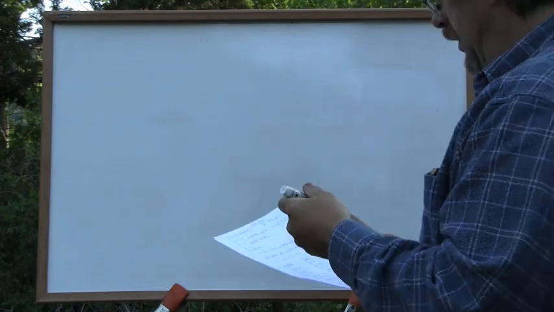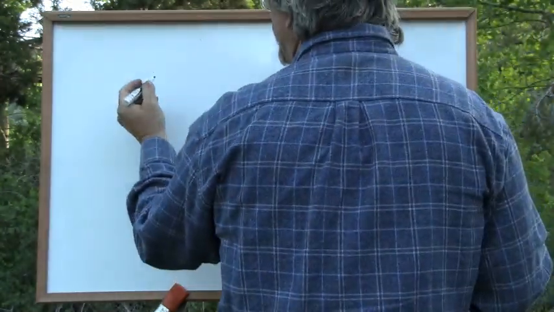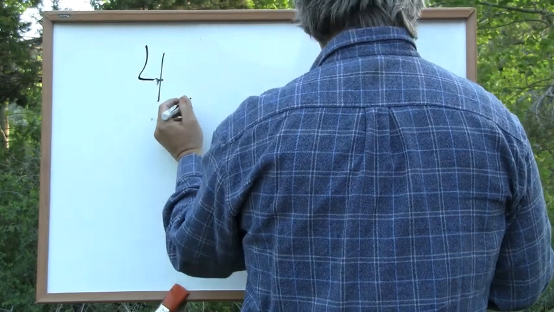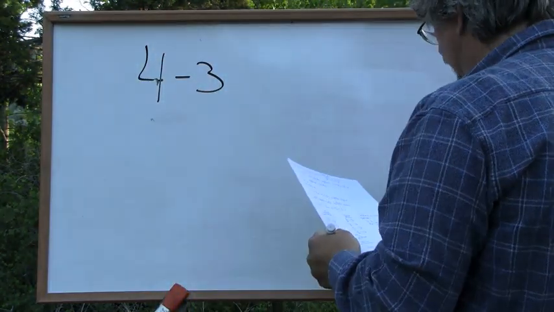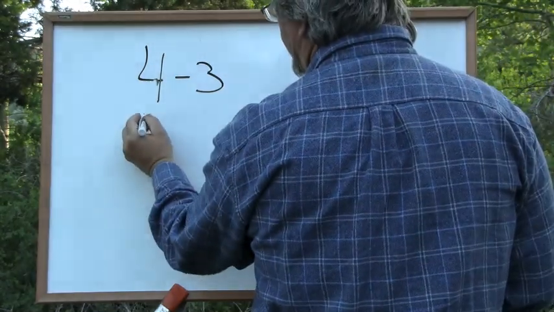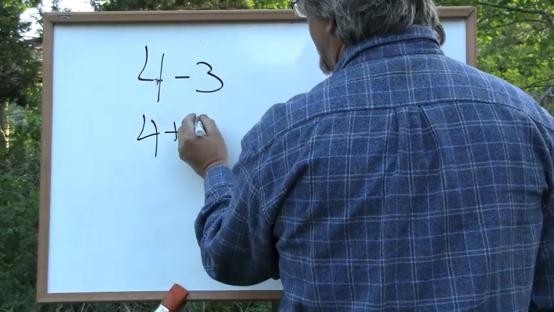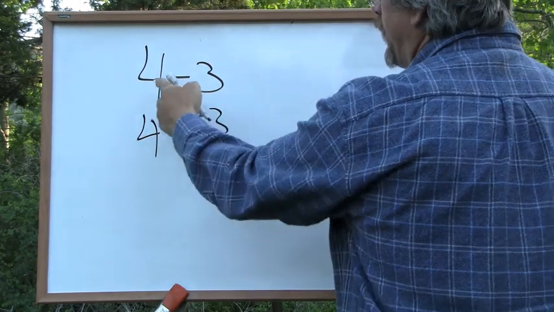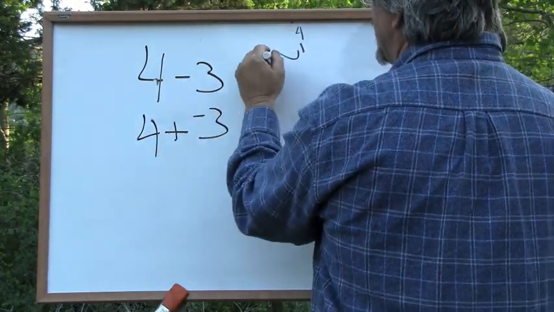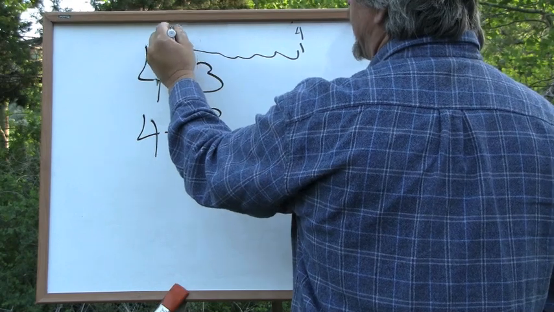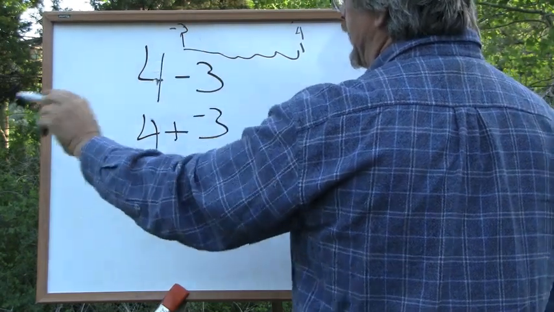Now, when we do 4 minus 3, this is the exact same thing as doing 4 plus negative 3. With 4 minus 3, you begin at 4 on the number line, and you bounce over until you get to 3, going to the left.